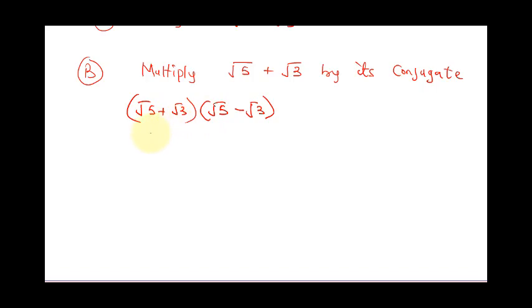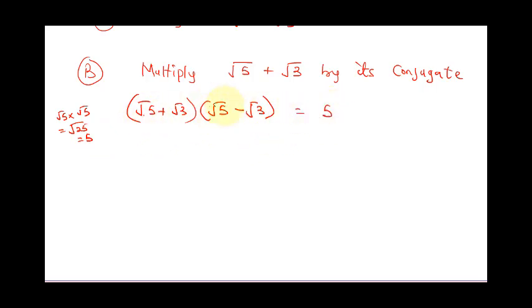So root 5 multiplied by root 5: recall that this is root 25, and root 25 is going to give me 5. So root 5 times root 5 will be 5.